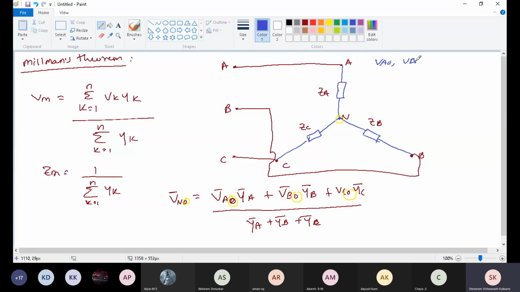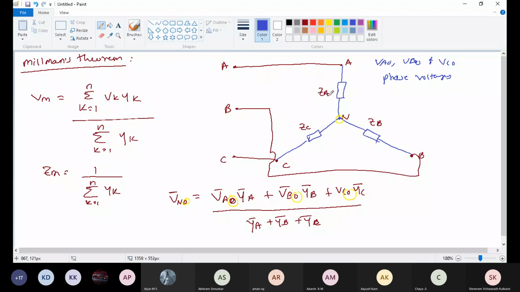We are writing with respect to the neutral of the star connected load with respect to the neutral of the supply O. This is VON.